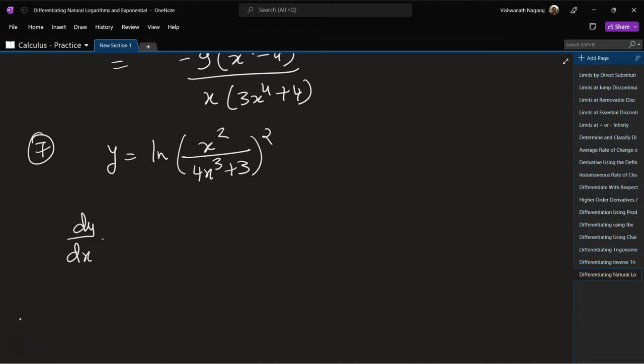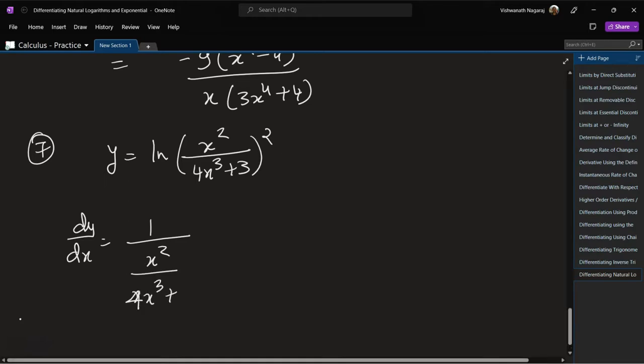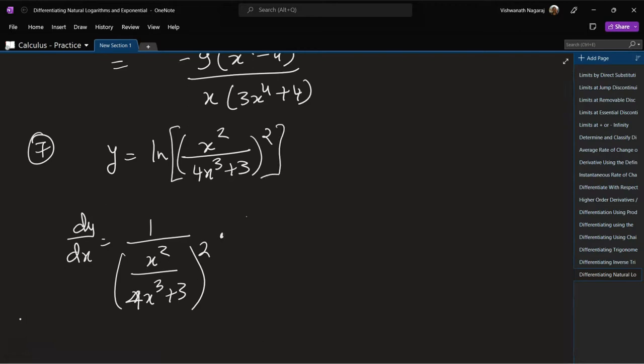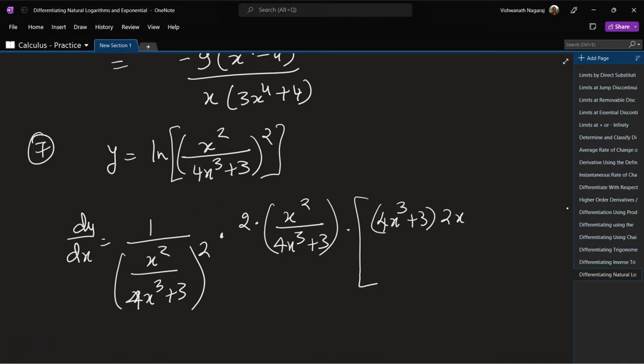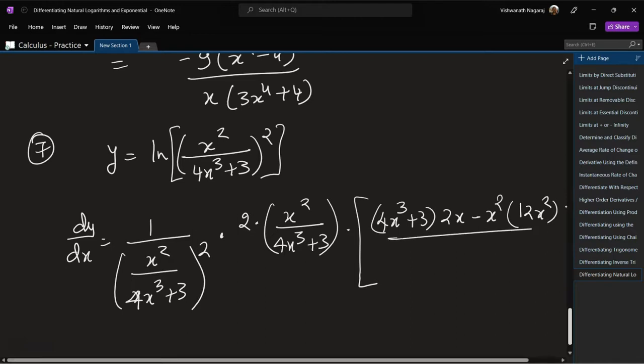Dy by dx is equal to 1 by x square by 4x cube plus 3 square times, now this bracket, so 2 times x square by 4x cube plus 3, 2 minus 1, 1 times, now the quotient rule, so 4x cube plus 3 as it is, 2x minus x square as it is, and then 12x square divided by 4x cube plus 3 square.